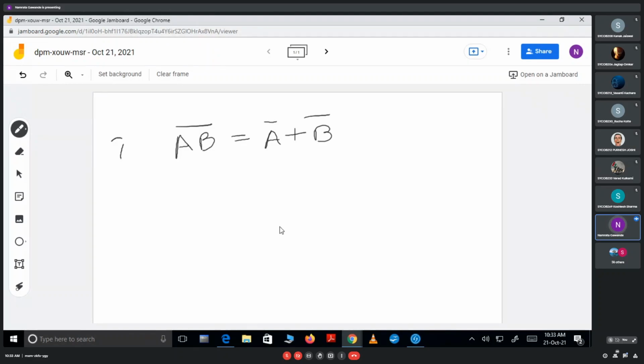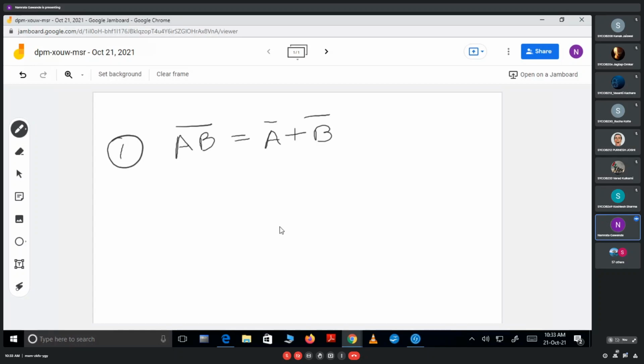It indicates that the complement of a product, here A and B, these are the two variables, so for (AB) bar, this bar, the complement of a product is always equal to the sum of the complements. That is the first rule.